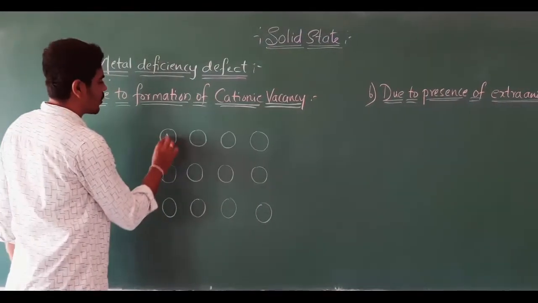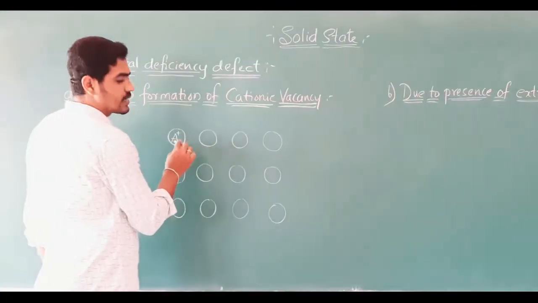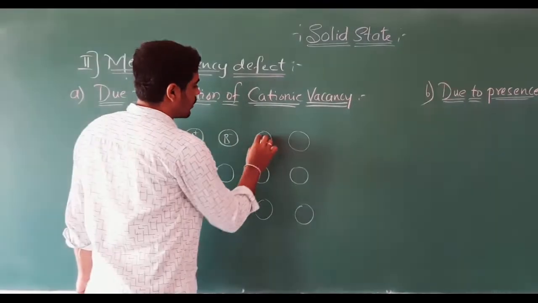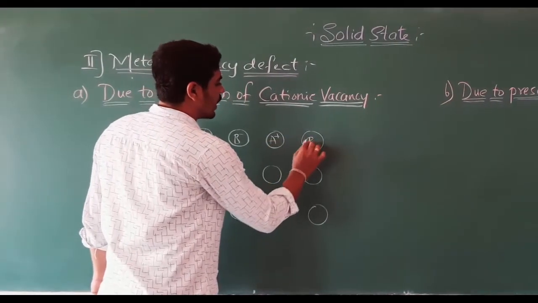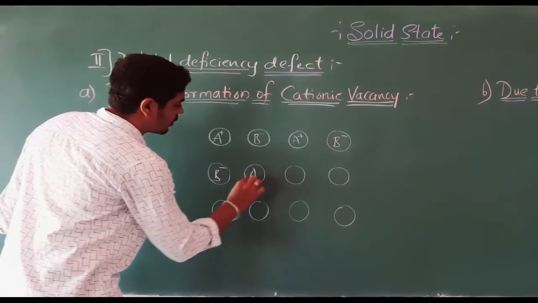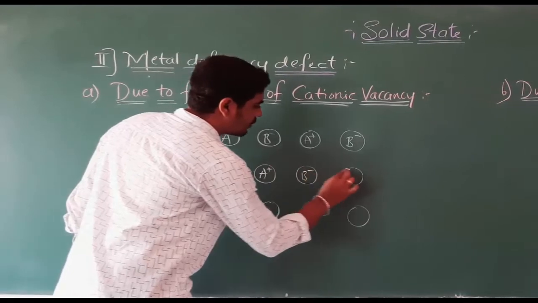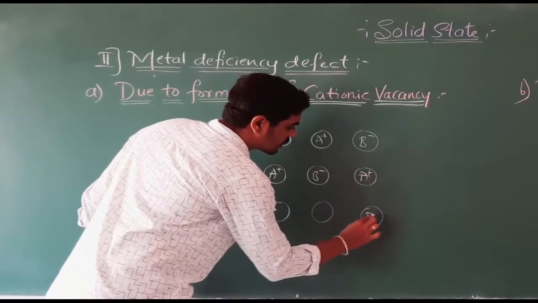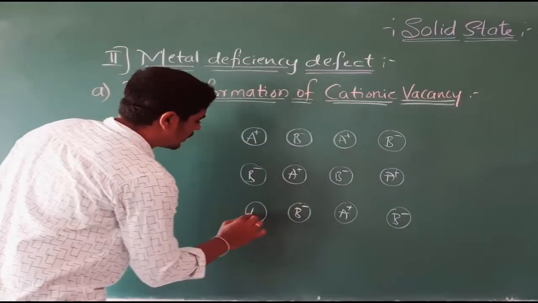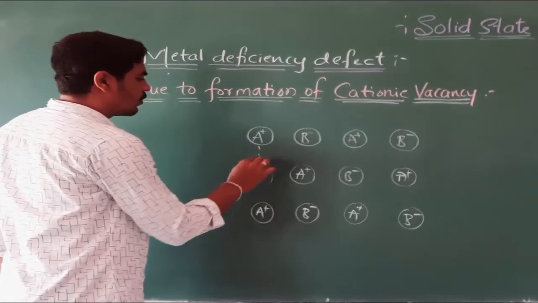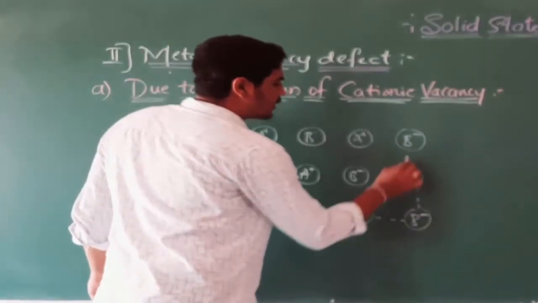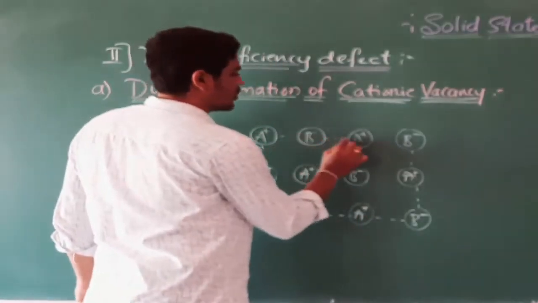In general, call the cation A plus and the anion B minus. I will write it in alternate manner: A plus B minus A plus B minus A plus B minus A plus. This is how the anions and cations are arranged in the crystal lattice.